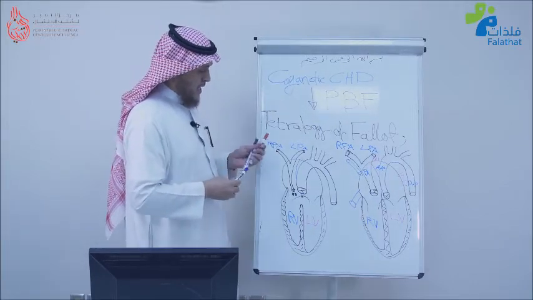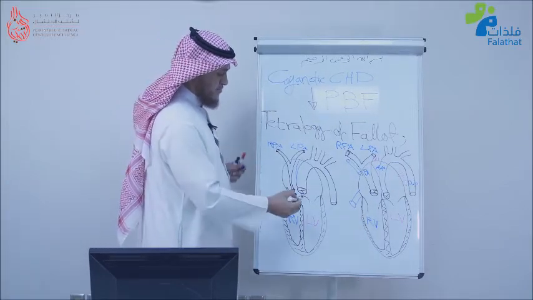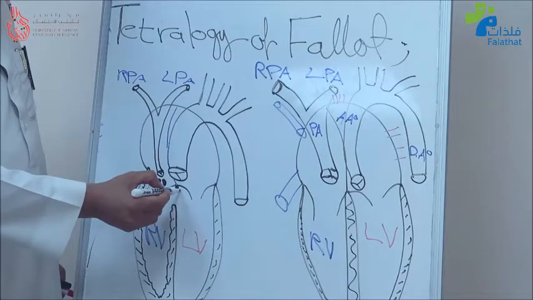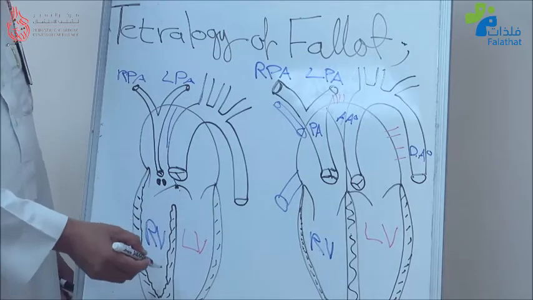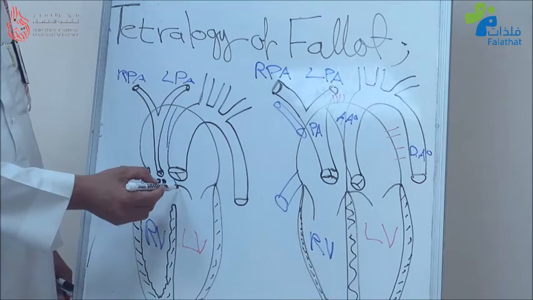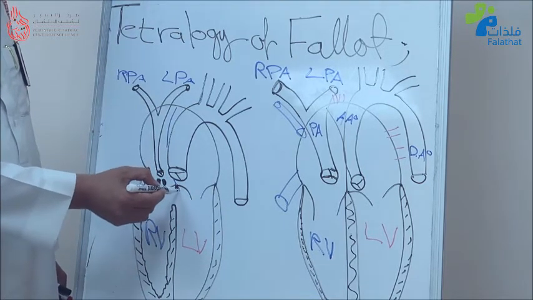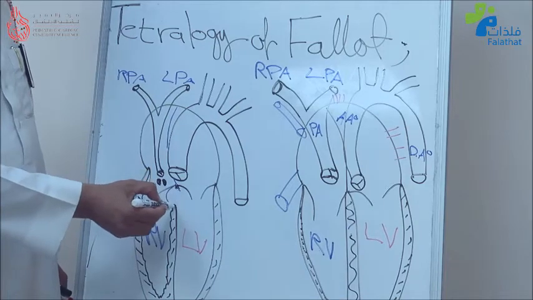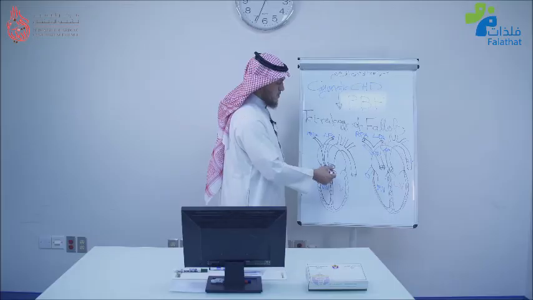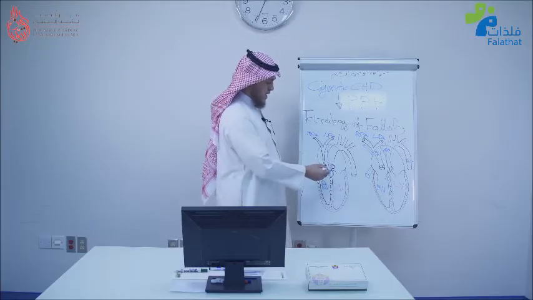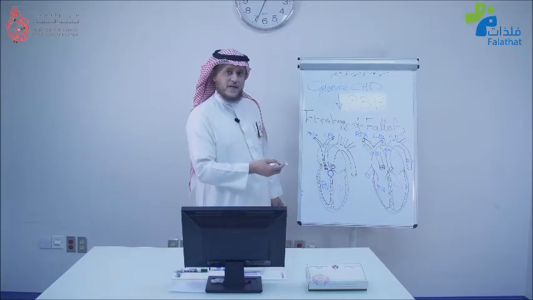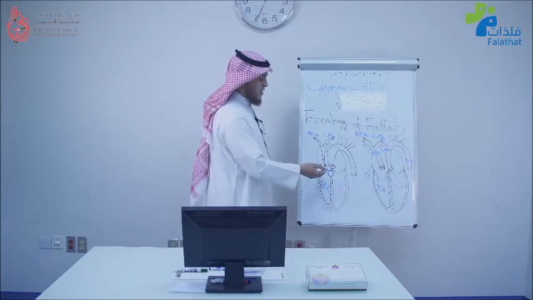There is a VSD, so the interventricular septum is not complete. It has a defect, and it's a subarterial defect just below the aorta usually. So we call it a large subarterial or subaortic VSD.